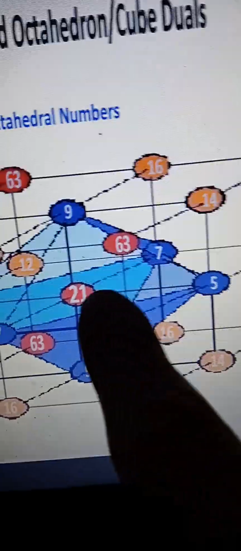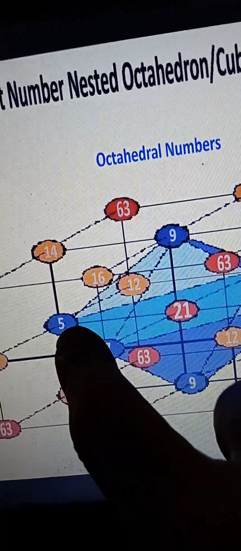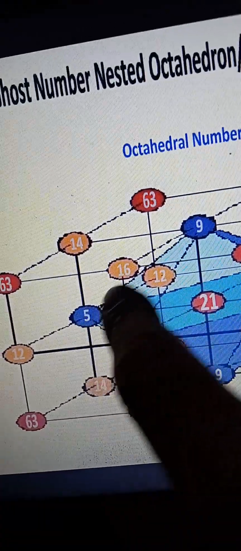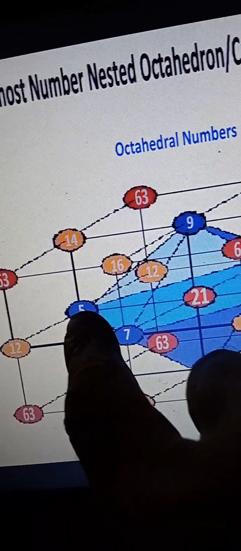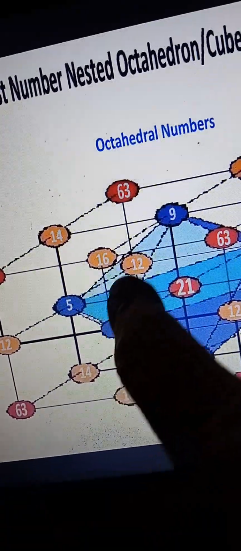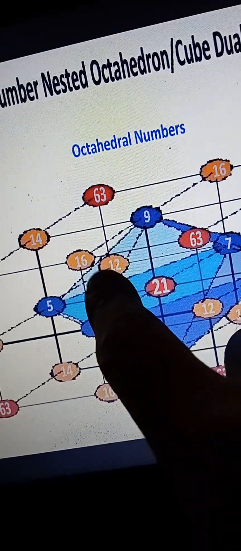But with this cube, you can, with this octahedron cube dual, and they're dual to each other. The corners of the octahedron go to the edges of the cube, and go to the face of the cube, and the corners of the cube go to the face of the octahedron, the triangular faces. But they all have 8 sides to them.